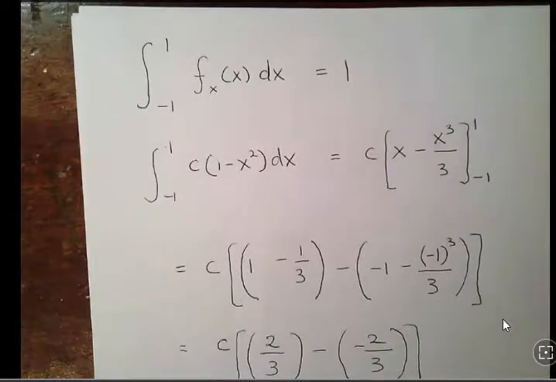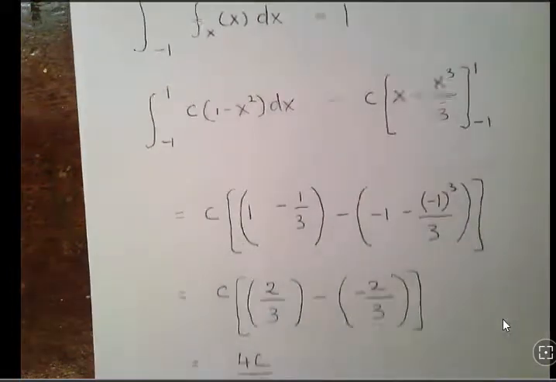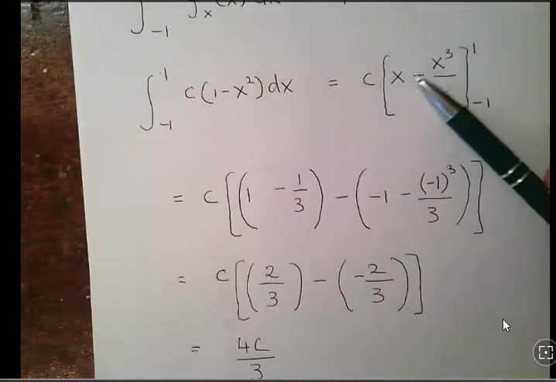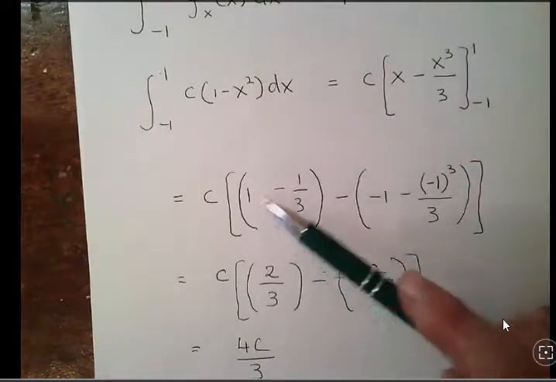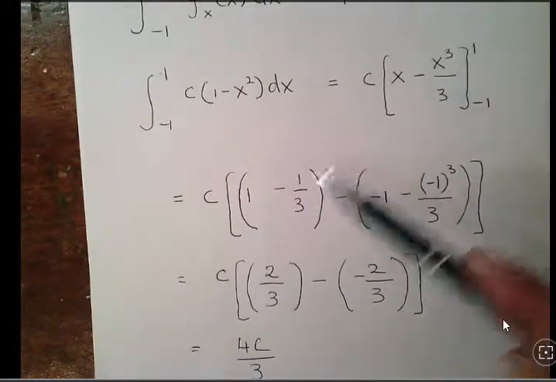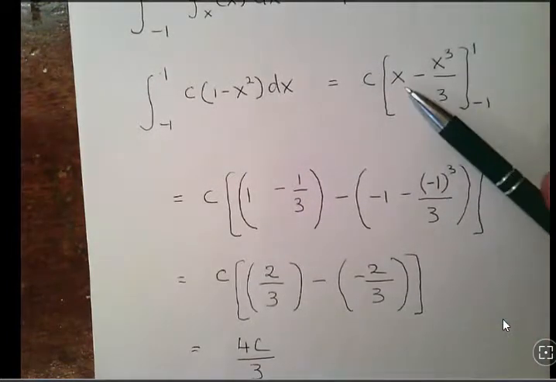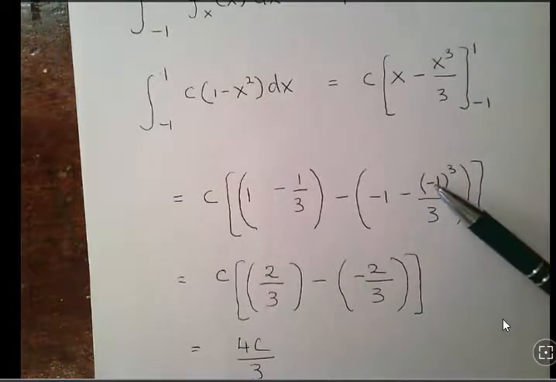Okay, so when we work that out, we put c out altogether and multiply it at the end. For 1, we get 1 minus 1 cubed over 3, which is 1 minus 1 third, which works out to be 2 thirds. For minus 1, we get minus 1 minus (minus 1) cubed over 3.